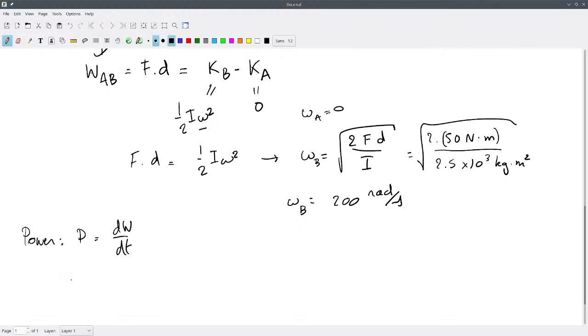Let's imagine we pull the string by 1 meter in 20 seconds, so delta t is 20 seconds. What will be the power then? Take a second to think about that. How would you calculate the power based on the information you have now?